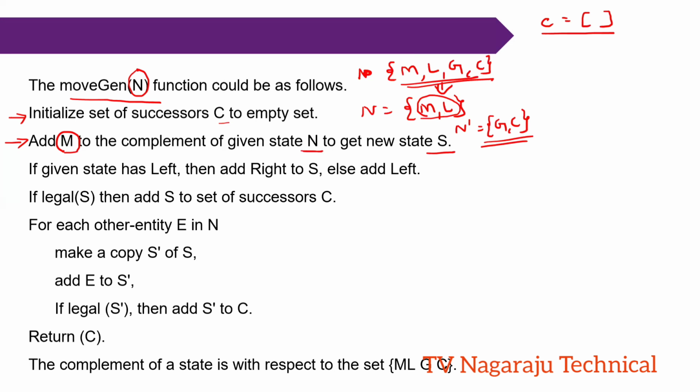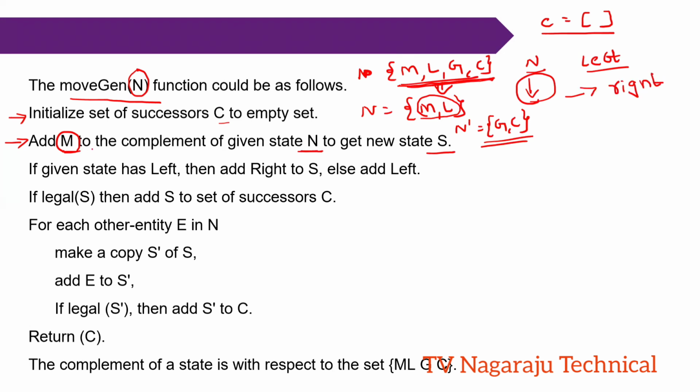Now, what is the second step? The second step is to add M to the complement of given state N to get a new state S. Initially all the possible entities form one set. Understand carefully, N is the current state, and initially all are available on the left bank. Now, the complement of N means the entities that are placed on the other side, that is the right side.